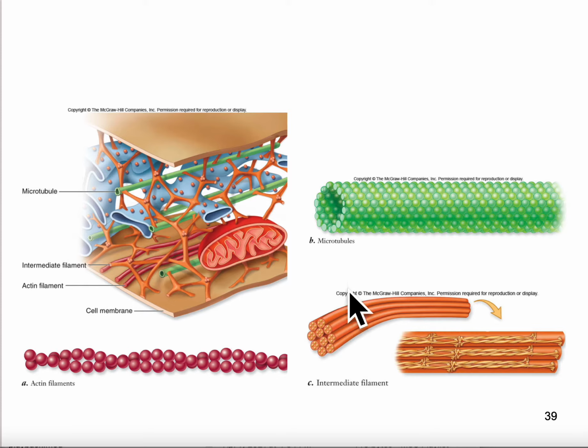Okay. And the third kind is actually called intermediate filaments. They're mostly present in animals only and only in some cells. And they're really strong and they're a lot less dynamic than the other two. So these guys are almost permanent. It's hard to take them apart, lengthen them, shorten them. All of that is hard to do.